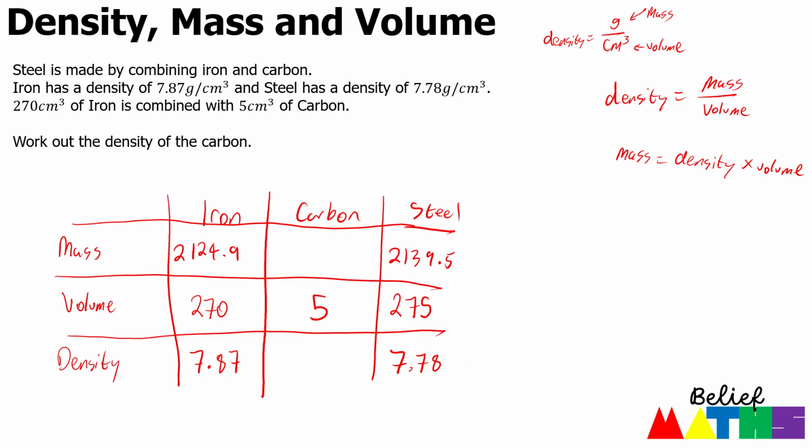Now, as we said with the volumes, the iron plus the carbon gives us the steel, so if we subtract those two from each other, the steel take away the iron, that will give us the carbon, which is 14.6.